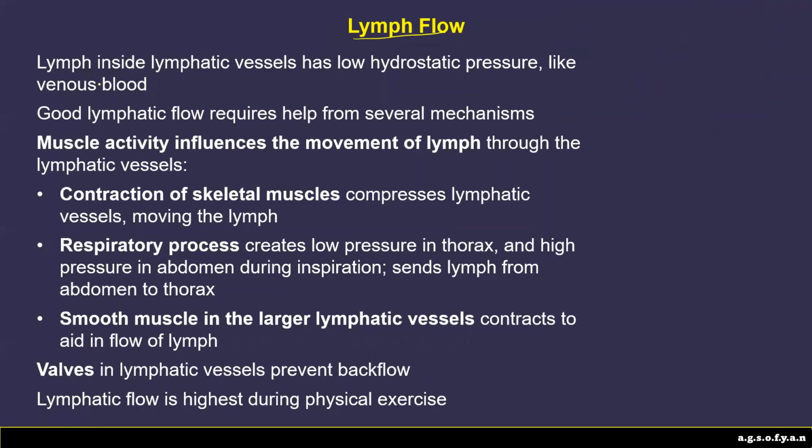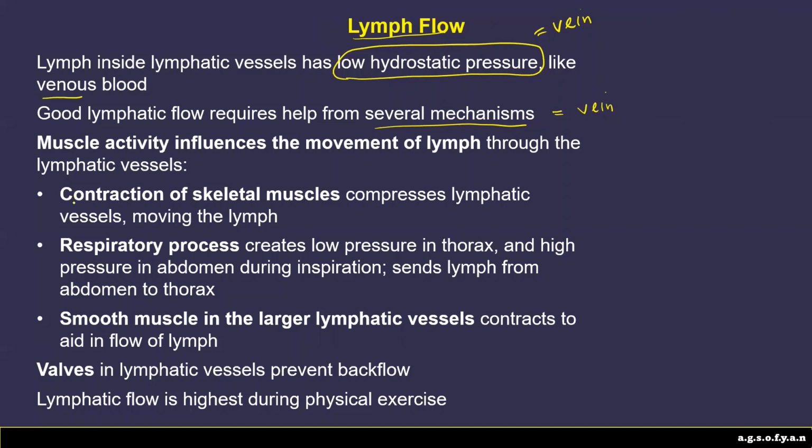Lymph flow. The lymph inside the lymphatic vessel has low hydrostatic pressure. This is very similar to veins, low pressure, like venous blood. So good lymphatic flow requires help from several mechanisms, just the same as veins also need help in order to flow from the organs to the heart.